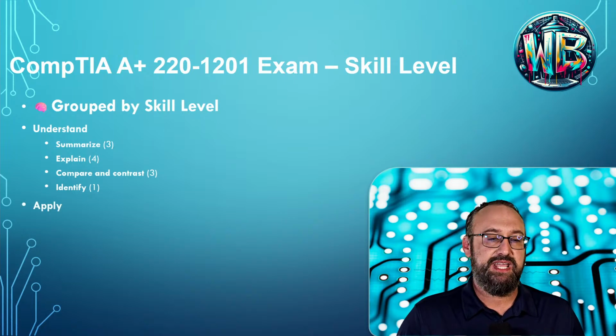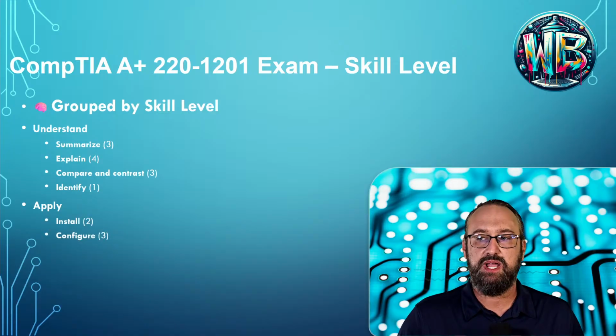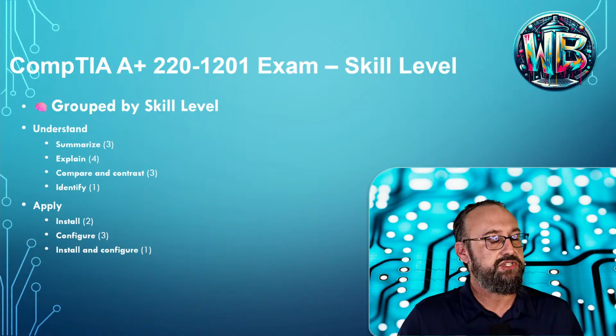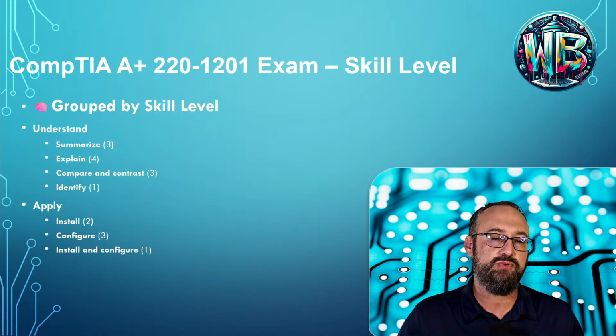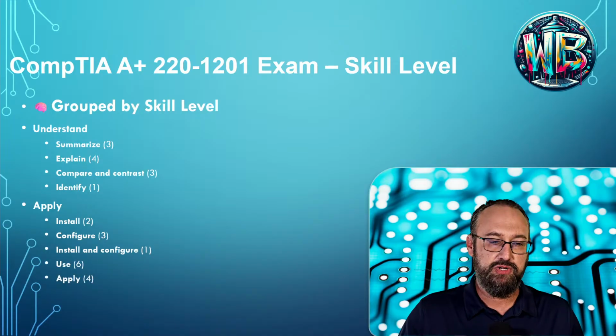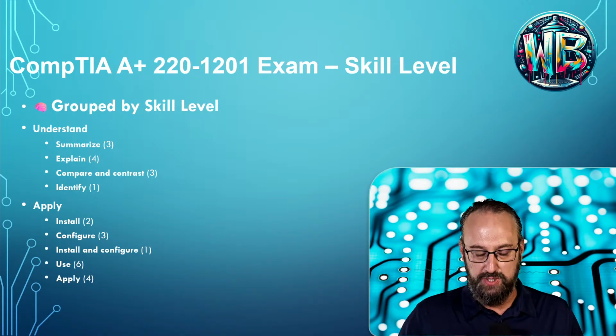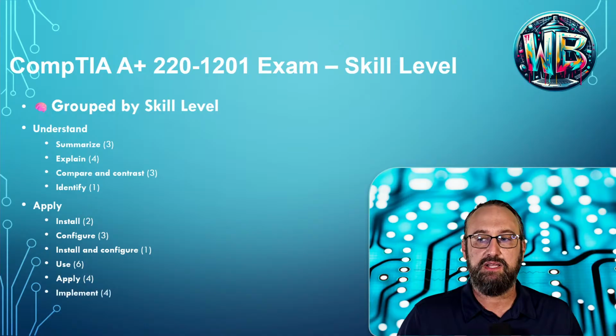Then when it comes to the application of the skills that you need to learn, identified by the objectives, you can see that we have install twice, we have configure 3 times, and we have apply, install and configure, both not in a standalone nature, at 1. And then we have use and apply, use being 6 times, apply being 4 times, and then finally we have implement.